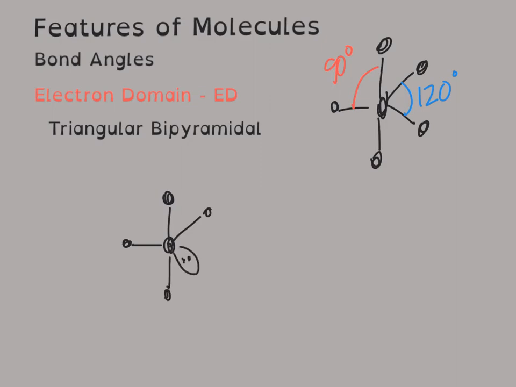So here, the 90 is not affected, but the remaining bond angle, and this is going to be hard for me to show, the remaining bond angle here to here would also still be a little bit less than the 120.